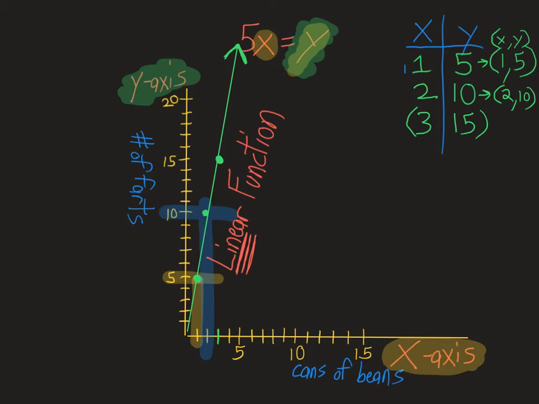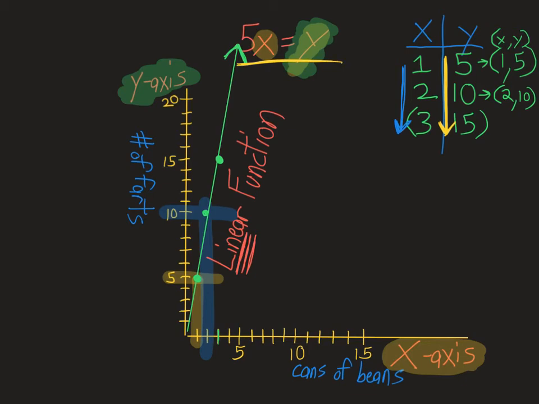As we look down the x row, as we keep counting 1, 2, 3, and we look down the y row, we see that that's counting up by a multiple of 5. 5, 10, 15. So that's a linear growth. We continue jumping up by groups of 5, which is pretty obvious when you look at our equation. All we're doing is multiplying any input x by 5, and that gives us our output.